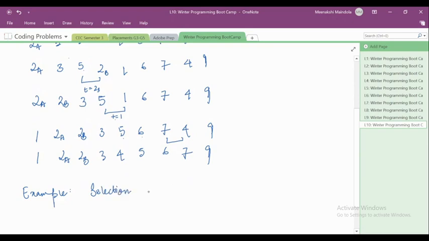So we looked at selection sort yesterday. Yes, selection sort we said is a sorting algorithm which is not stable.